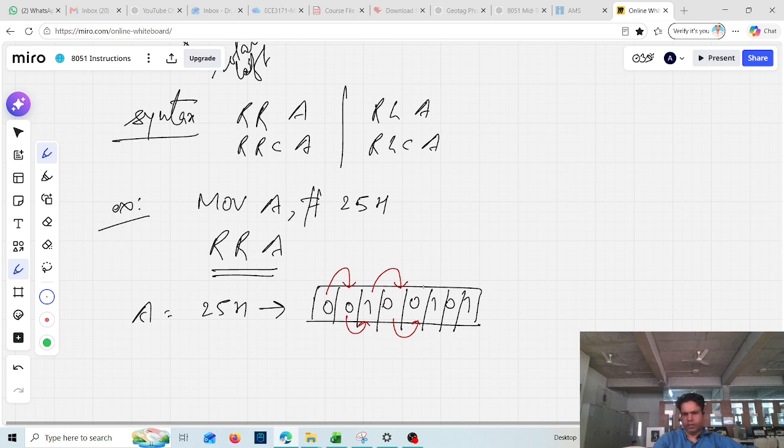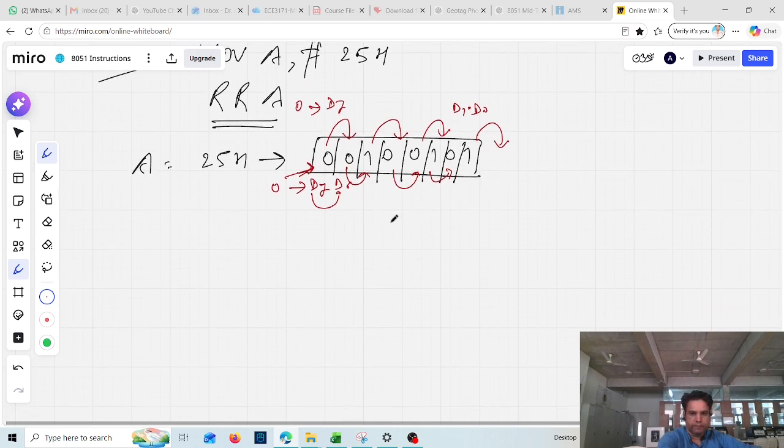All the bits will shift to the right side. Let's say this is D0, D1, and this is D7. In the place of D7, 0 is shifted. Because of D0, this D7 bit went into the D6 bit. So in the place of D7, 0 comes by default. So what I will get is here this bit.